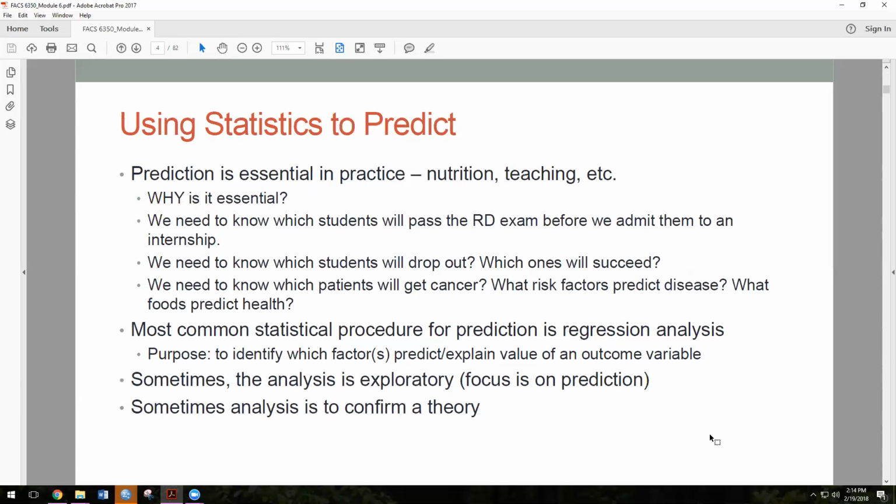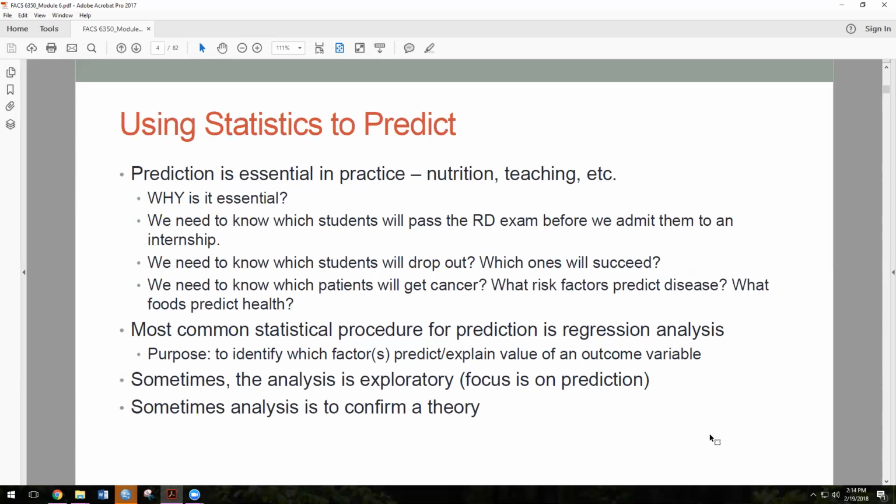And so what we did was look at, okay, everybody that has ever passed the RD exam, let's go back and get their GRE scores, their science GPA, their DPD GPA, and their overall GPA, and see if we can predict from those which one is the best predictor of passing the RD exam. And we did that, and what we found is it's the science GPA. And so that's why there's so much emphasis placed on the science GPA, because it's what we know is going to best predict success on the RD exam.